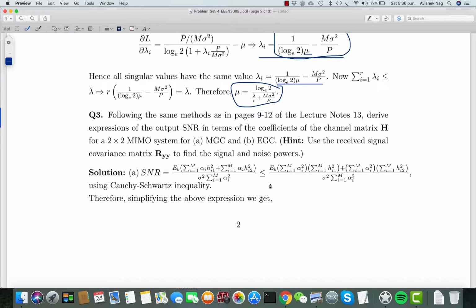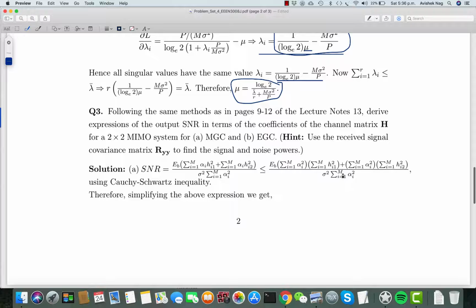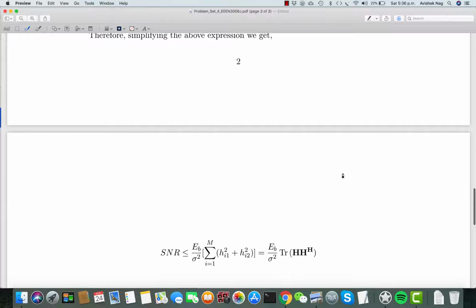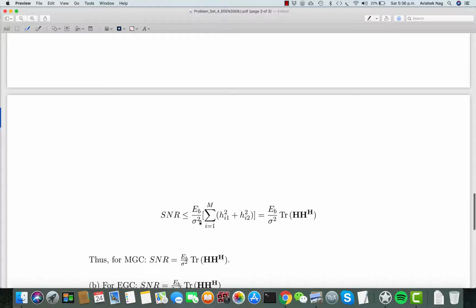in this form, and using the Cauchy-Schwarz inequality you can show that the upper bound of this expression is this, and this will simplify the above expression and you will get the SNR less than or equal to this value, which is basically the trace of your H matrix multiplied with its Hermitian.